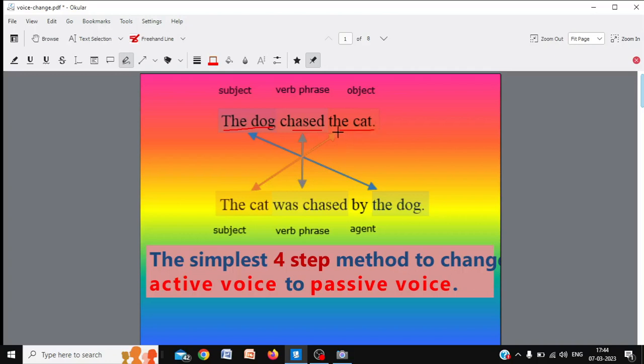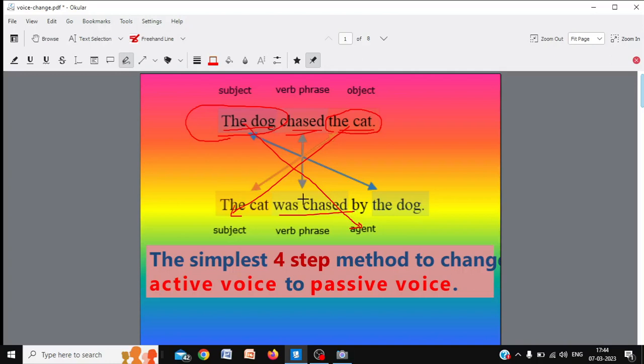When we change it into passive voice, the cat, that is the object, comes first. The dog, which was the subject, comes last. And chased, one word, is replaced by was chased.